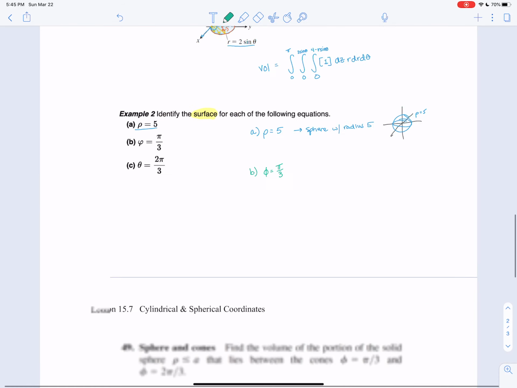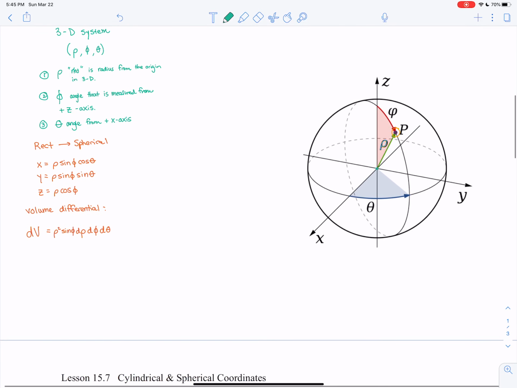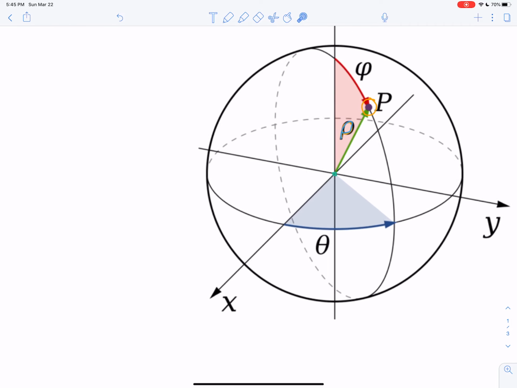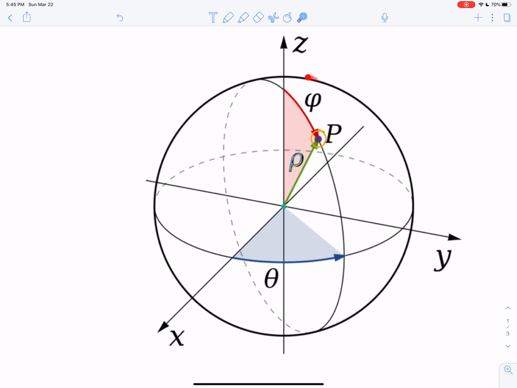Okay, let's go back up to our drawing real quick, because it's easier to explain with this. Now we're letting phi be constant. So this angle doesn't change, but instead we can get longer and shorter and sweep around this way. What shape is that going to trace out? If we let this angle stay constant, it's going to trace out this shape.